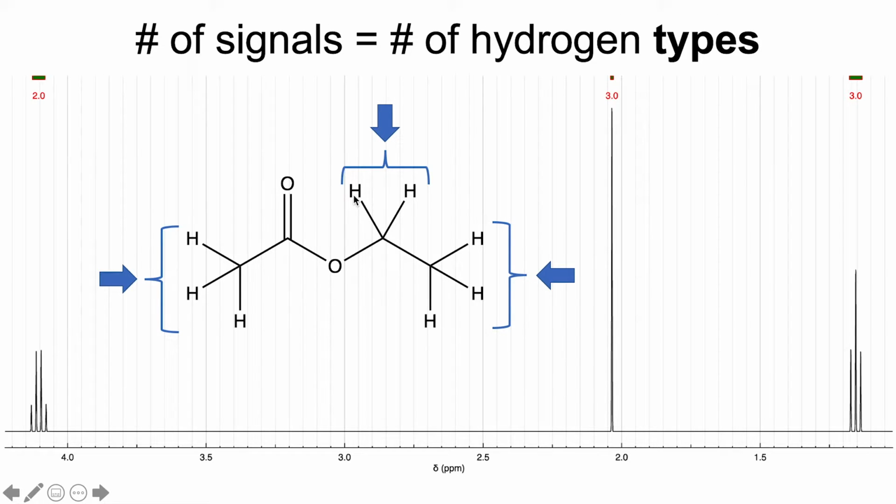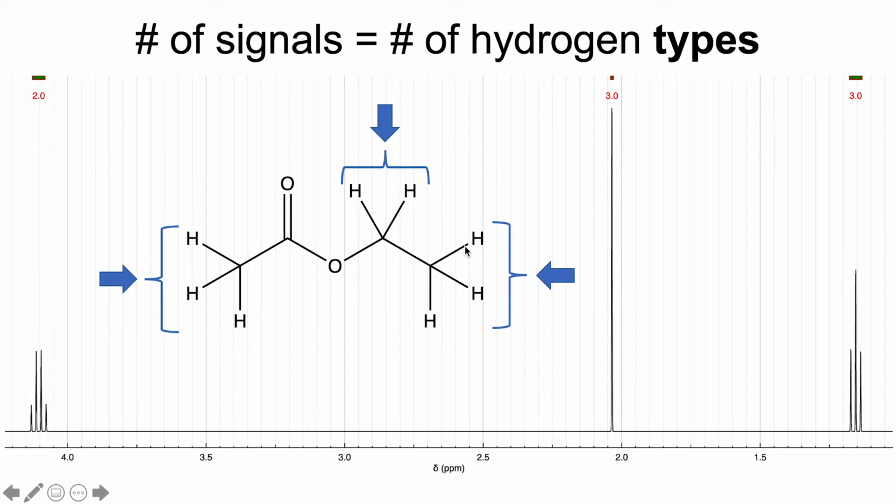So these 2 hydrogens are in the same chemical environment. They are next to this oxygen. This is the second type, and this is the third type right here. So these 3 hydrogen are a CH3, but they're different from this CH3 because they're next to a CH2. Okay, so I know it sounds a little redundant to explain how these 2 groups are different, but nevertheless they are.